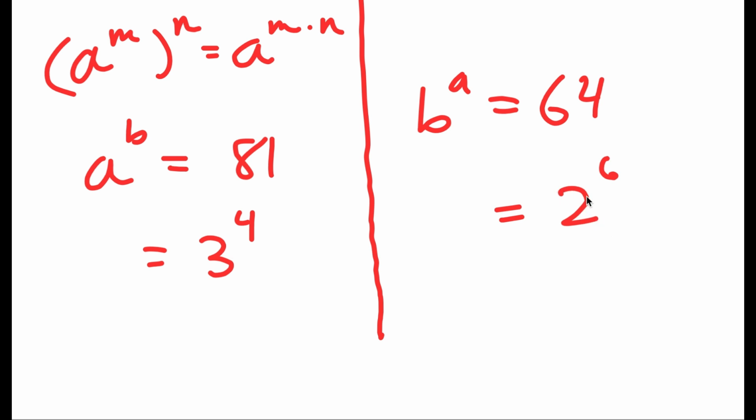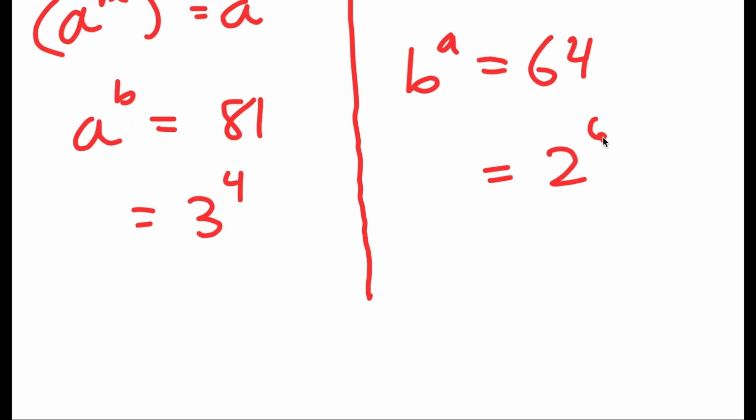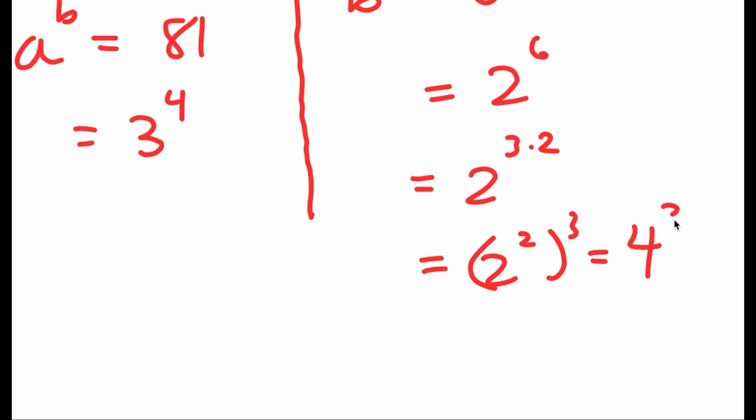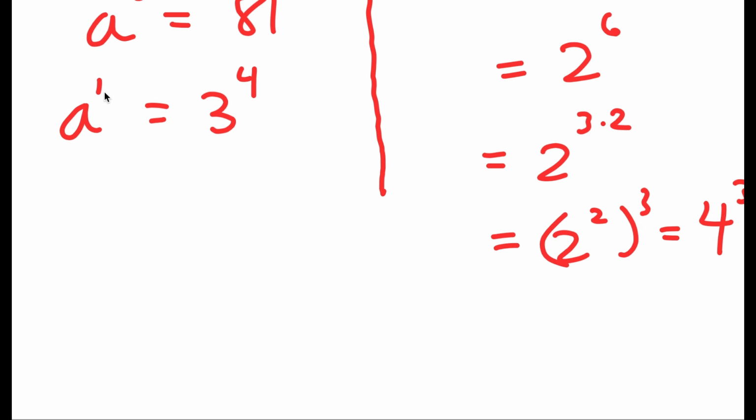And 2 to the power of 6 is equal to 2 to the power of 3 times 2, which is the same thing as 2 squared to the power of 3, which is equal to 4 to the power of 3. So a to the power of b is equal to 3 to the power of 4, and b to the power of a is equal to 4 to the power of 3.